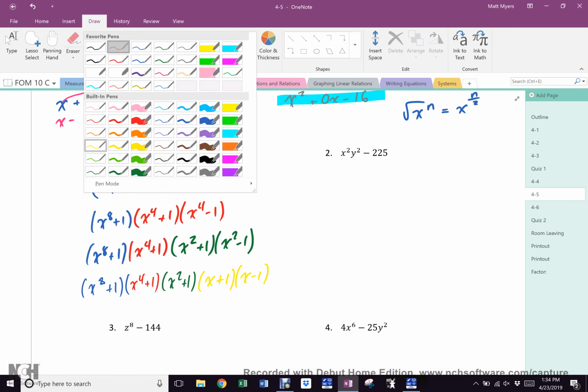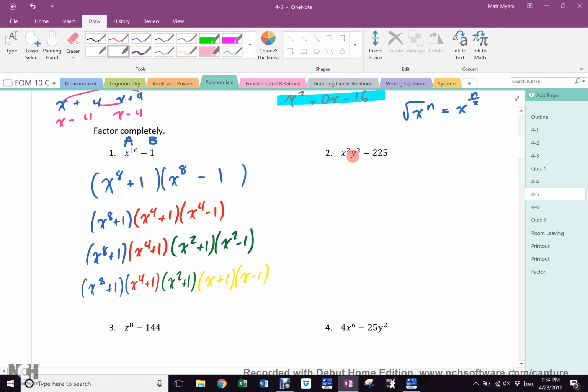If number 2 was this, what would you do? So what would it be? X, 25? What's the square root of 225? I did say memorize them, but it's 15. And then what would this be?